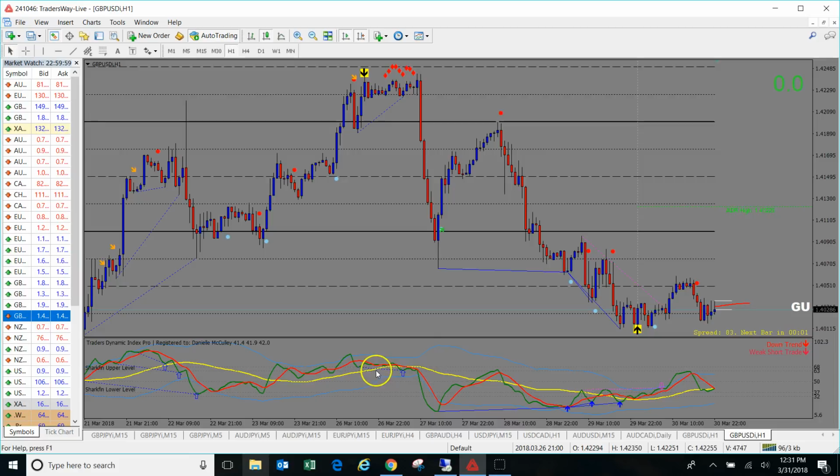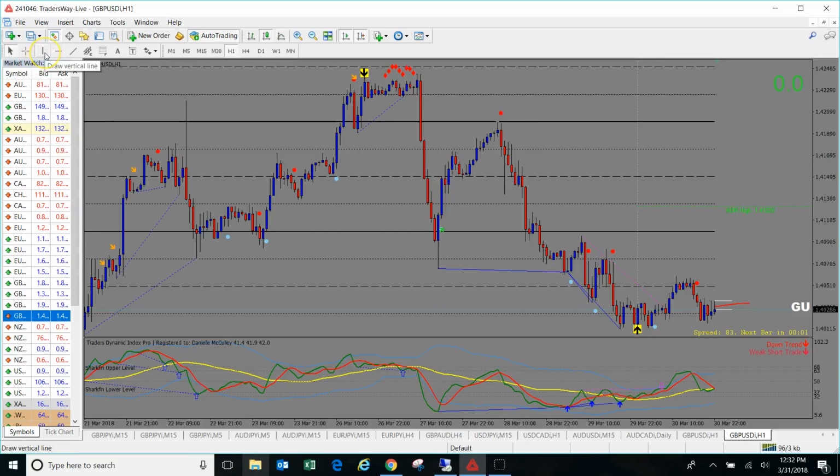And then this yellow line is the market baseline, which is kind of the same little line that the Maxwell equation has. But with the TDI, there are so many different things and signals that you can look for. Of course, anytime this green RSI is outside of these bands, that should be grabbing your attention, and when it crosses back over, this is your entry right here.